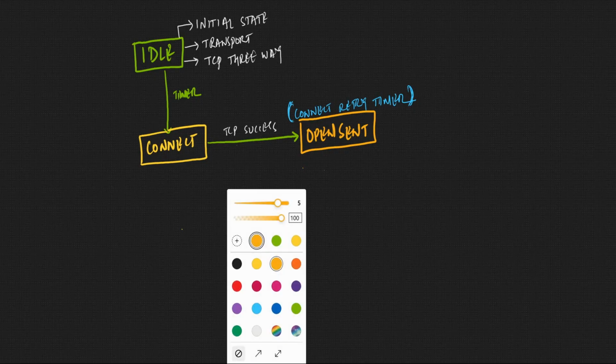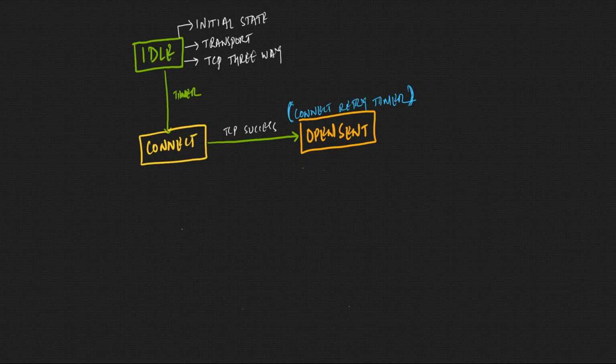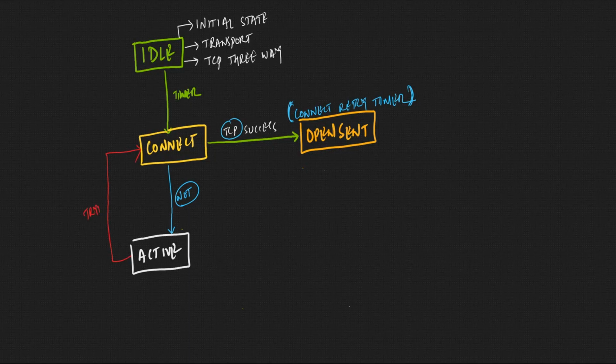For example, if I am in Connect and the TCP is not successful, it will transition to the Active phase. In this phase, my TCP session is not yet successful. If the timer expires, again it will try the TCP session, doing the three-way handshake again. If the timer expires again, it will go to the Idle state.